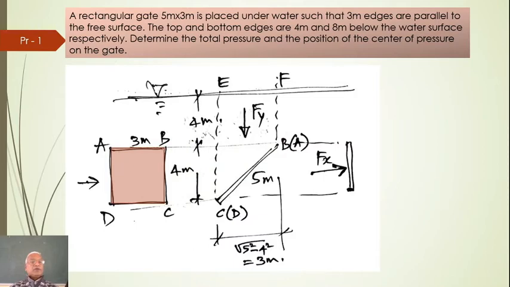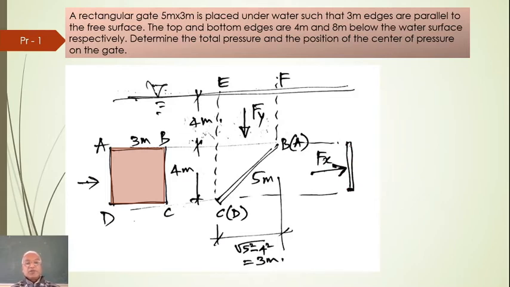In the front view, the height is becoming 4 meters, width is 3 meters, because it is inclined. Had it been vertical, it would have been 3 by 5 meters, but it's not vertical, it is held this way. So now what is done is, when you project it on a vertical surface, it will be a rectangle 3 by 4 like that, and Fx will be worked out as if it is a vertical face.